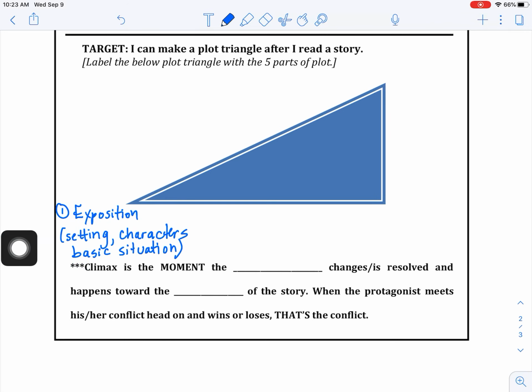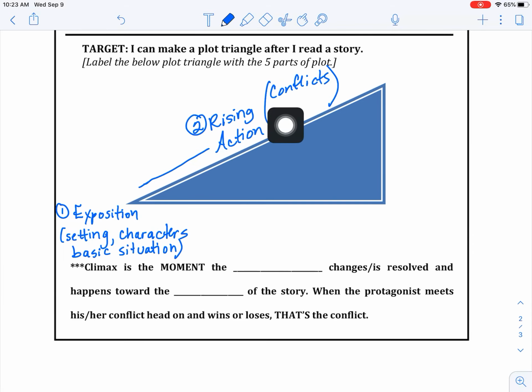Once you're through the exposition, as we move up this actual plot triangle, we get into the rising action, just like you learned in elementary school. And this is where you've got your various conflicts. Big ones, little ones, meaningful ones, less than meaningful ones.